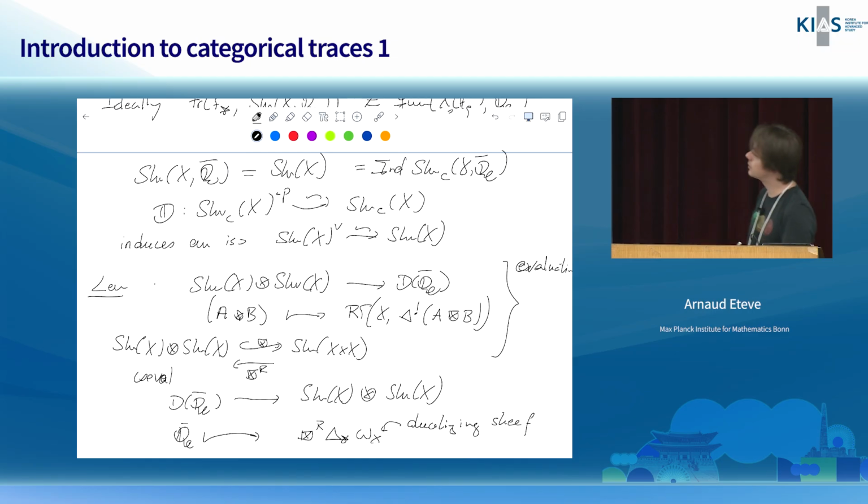And so the proof of the lemma is a direct calculation. Now that I've given you the two functors, you just need to unravel the composition to check that the composition is the identity.